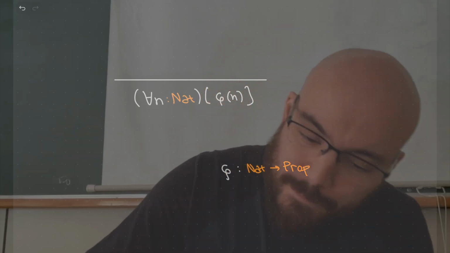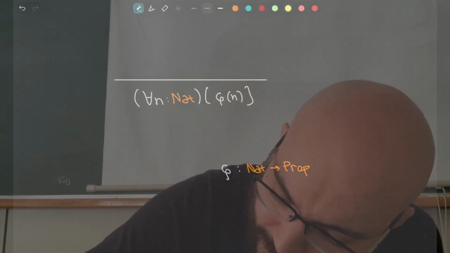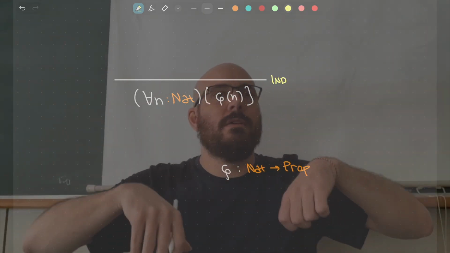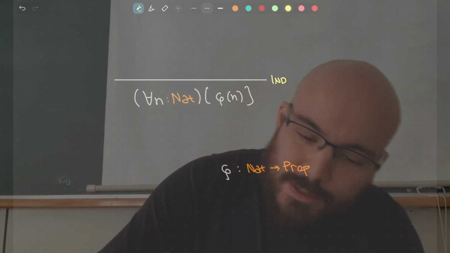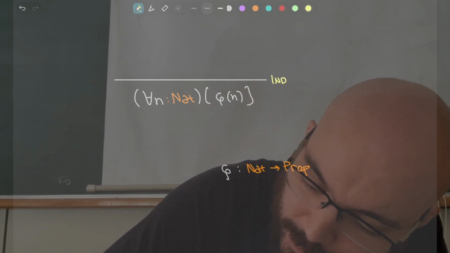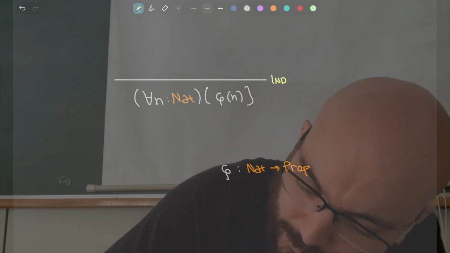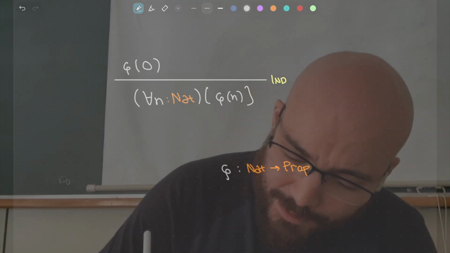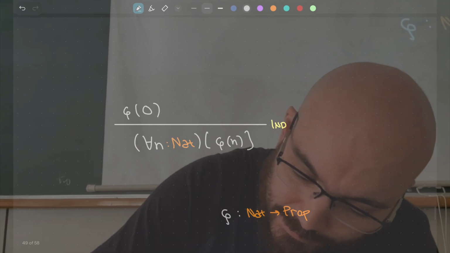So, by applying the rule of induction, I get to reduce this goal to 2 new goals. The first thing is I need to establish that this round symbol has this property. And the other thing, I will write like this.